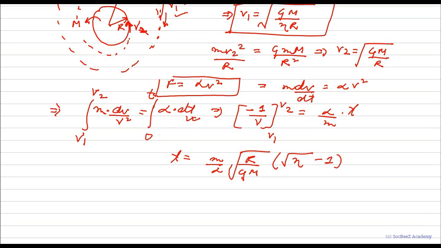Now if I say that the acceleration due to gravity on the surface of the moon is g, so g is going to be given by GM upon R².